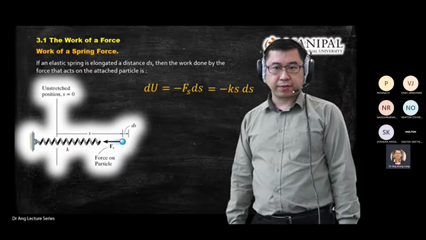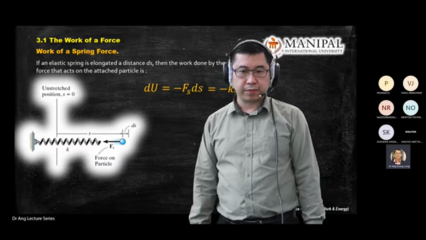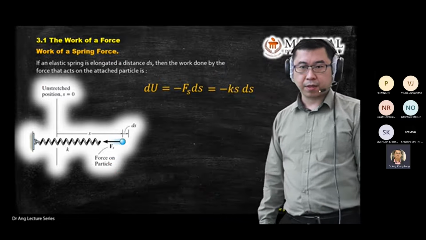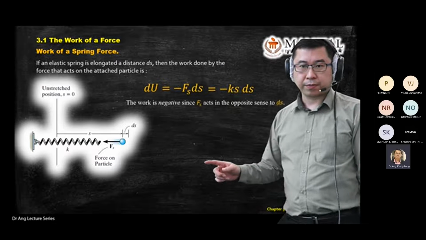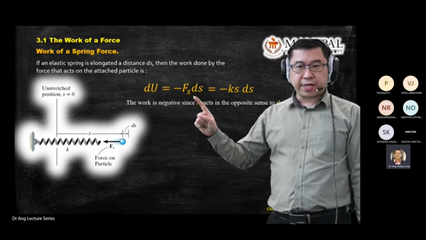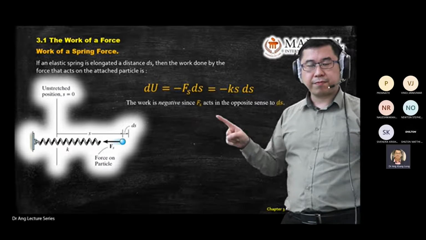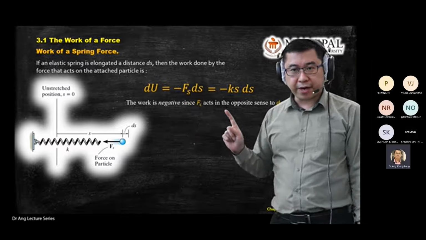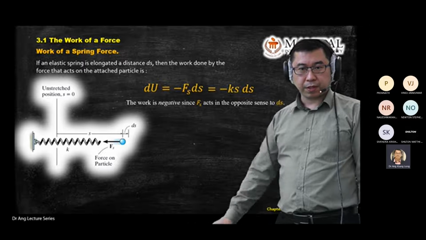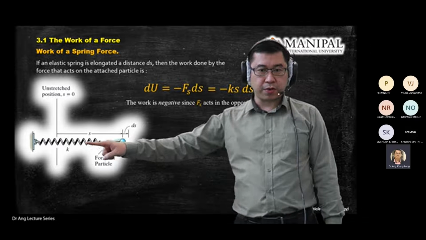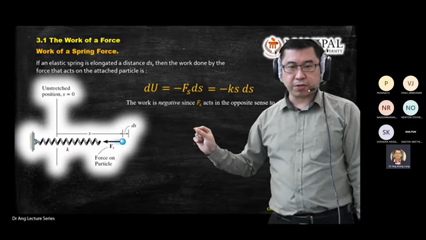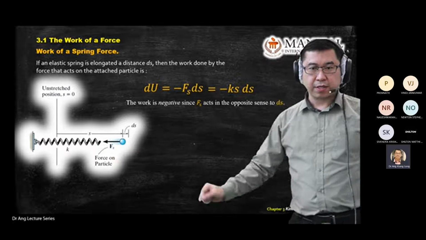Why do you have a negative sign here? You have a negative because of the direction. The force is going this way. However, the spring is going positive this way.